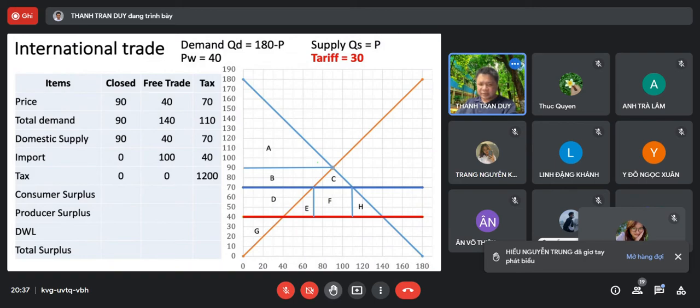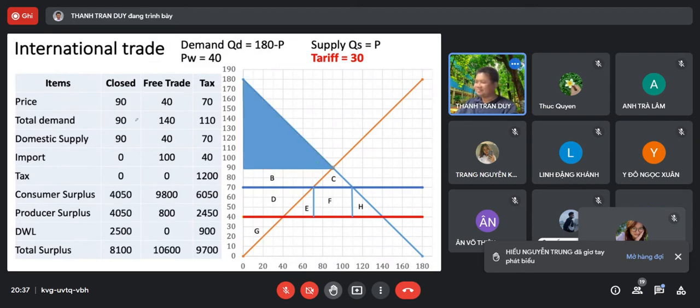Consumer surplus in case of the closed economy, and consumer surplus in case of free trade, and consumer surplus in case of the tax, all right? Is it okay with this?